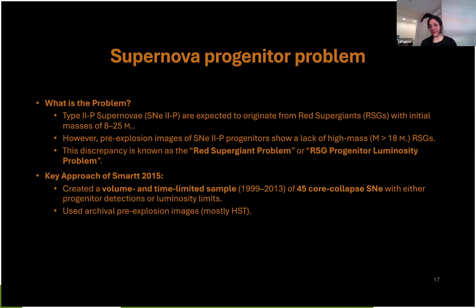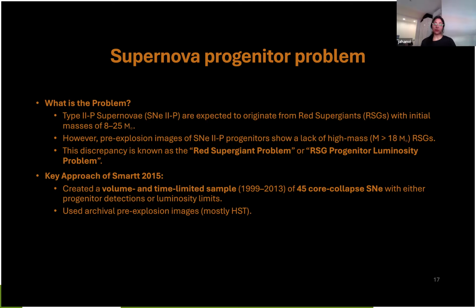But pre-explosion images showed that there is a lack of high mass red supergiants. Now, this mass range depends on which stellar evolutionary track you are using, but so to say, high mass progenitors are missing. And this discrepancy is known as the famous red supergiant problem, or red supergiant progenitor luminosity problem.